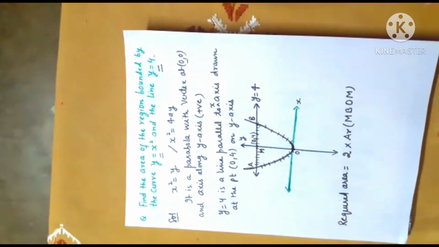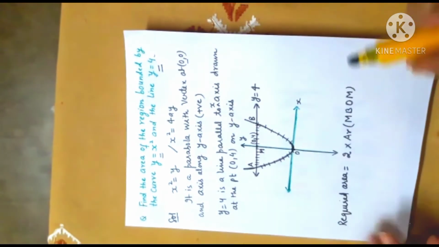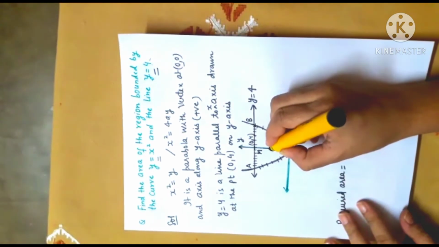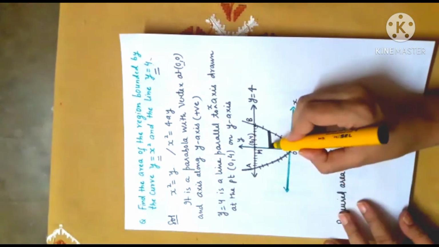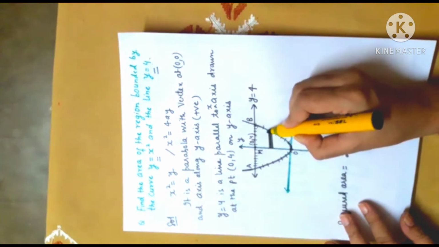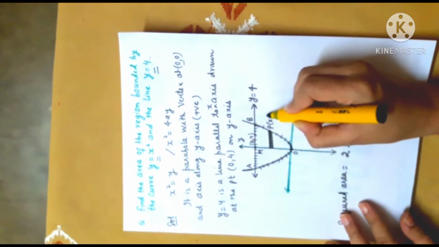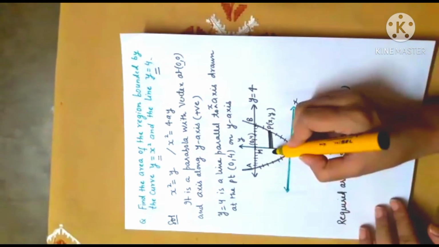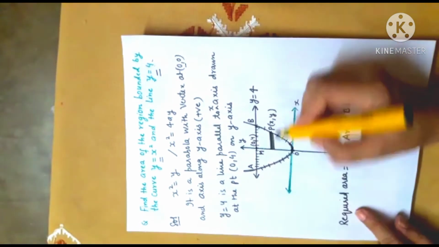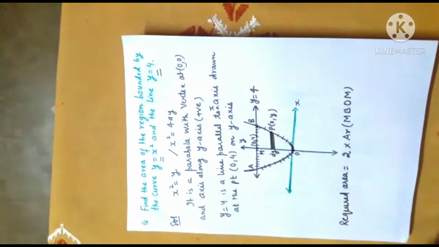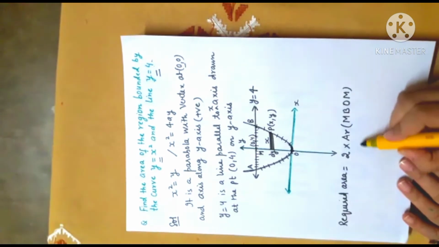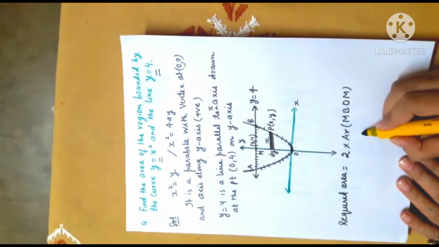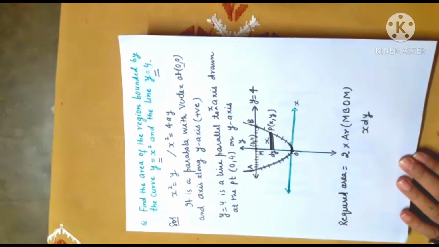Now in order to get the area of this region, what I'll do? I'll consider a horizontal strip here. Right? Now, this point P with coordinates x, y lies on the parabola. The width of the strip will be dy. Length of the strip will be equal to x. So, area of the strip will be x dy.